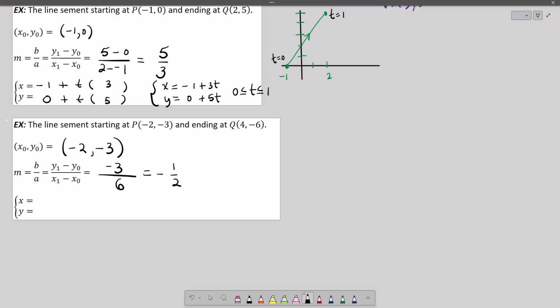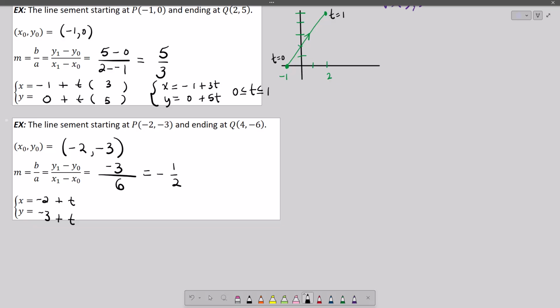So now let's do two different things here. x is going to be the starting x value, which is -2. The y is going to be the starting y value, which is -3. And then we add t multiplied by the change in x. So initial x plus change in x times t. The change in x kind of depends on where we look here.